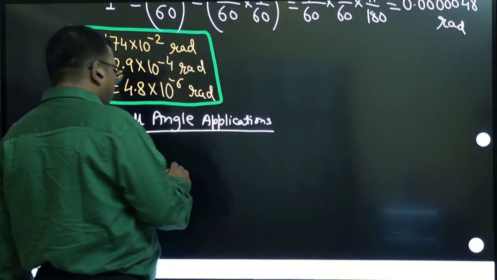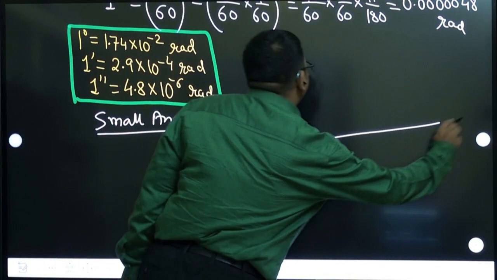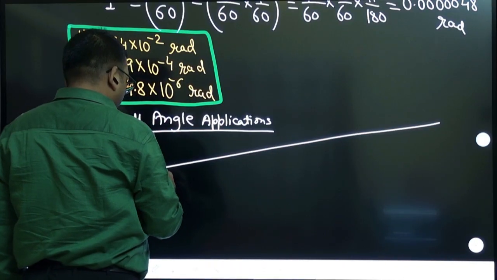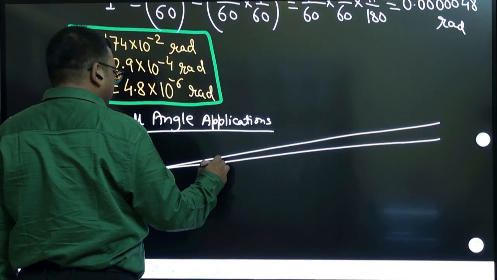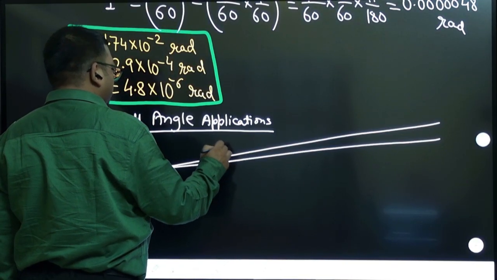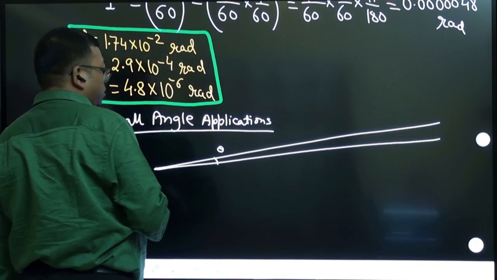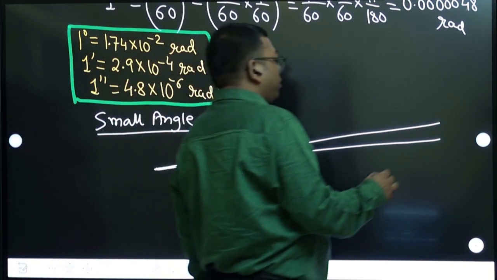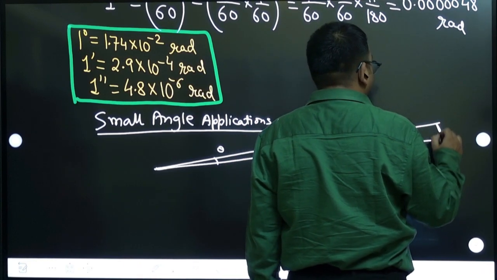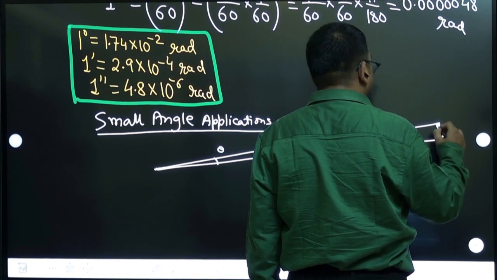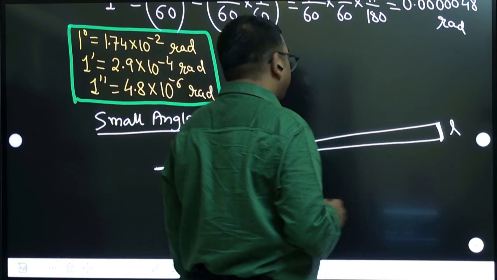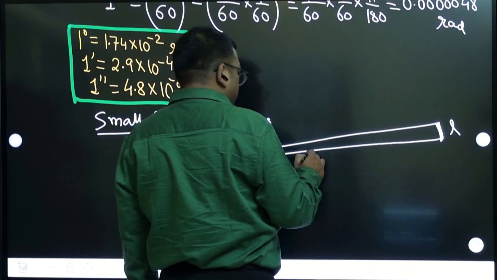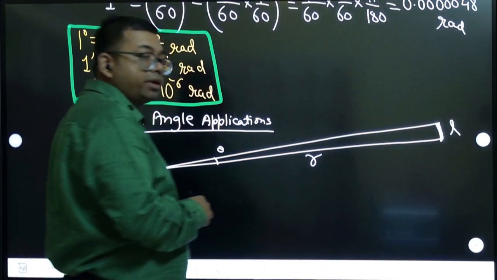Suppose you are taking very big distances, or this angle theta is quite small. The theta angle between two lines is quite small. So when you are taking this, the arc length is almost like a straight line. That L is very, very small, and this R is the radius of this circle.